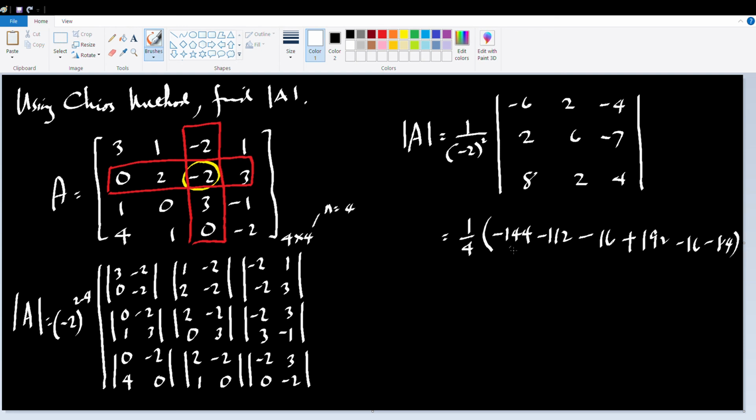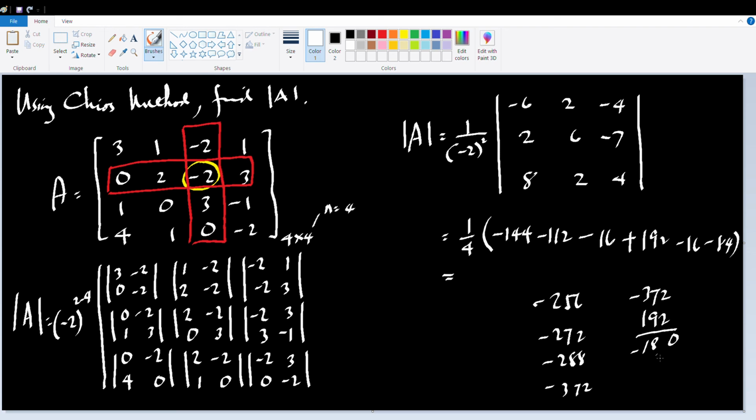So 144 plus 112 is 256. And then negative 16, that will be negative 272. Another negative 16, negative 288. And negative 84, that will be negative 372. Okay, so negative 372 plus 192 is negative 180.